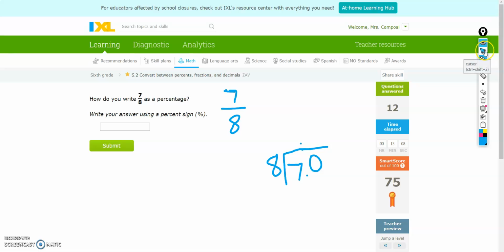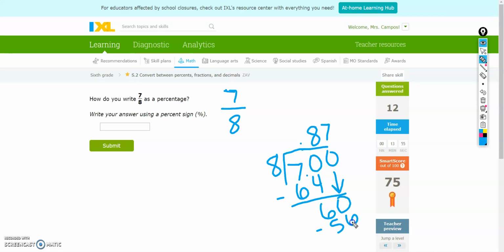How many times? Well, I know that 8 times 8 is 64, so I subtract 64 from 70. You should know that is 6. I bring down the 0. How many times does 8 go into 60? 7 times. 7 times 8 is 56. Subtract and you get 4.